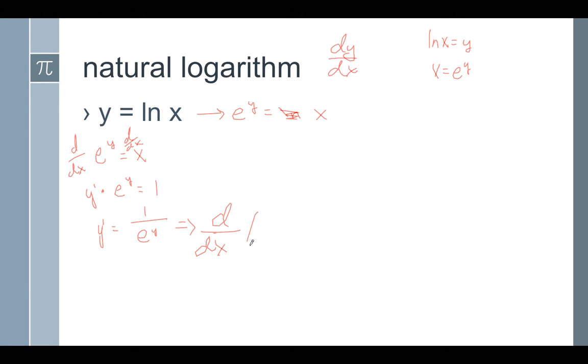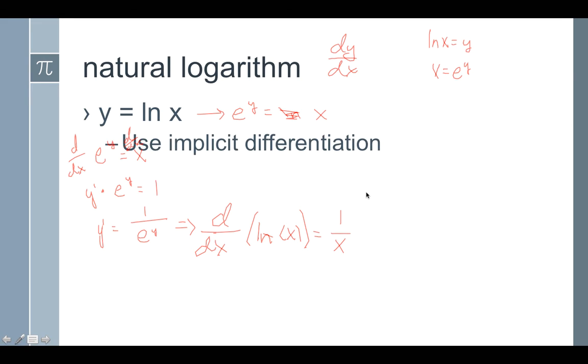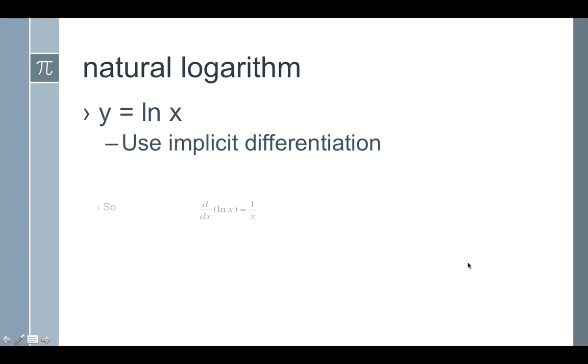So the derivative of the natural log of x is equal to 1 over x. So that's actually what I have here. We're using a little implicit differentiation. The derivative of the natural log is 1 over x.